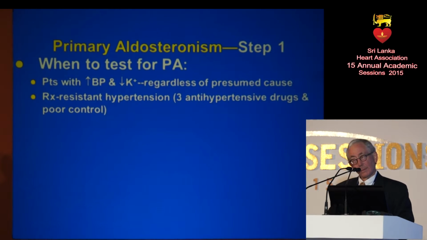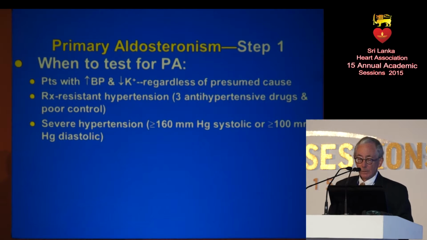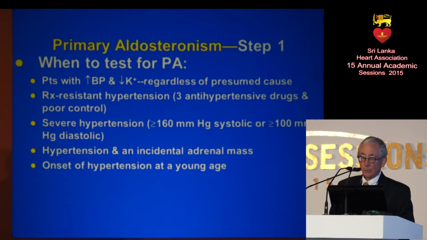And of course, the key here is the patient with treatment-resistant hypertension or severe hypertension, and individuals in whom you may pick up an incidental adrenal mass. Or, again, young people as well who need a complete secondary hypertension workup.